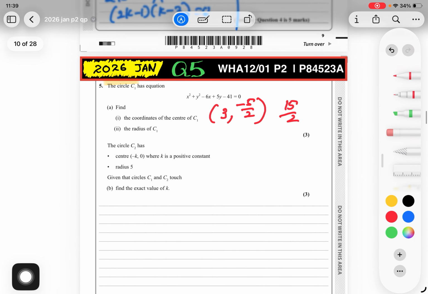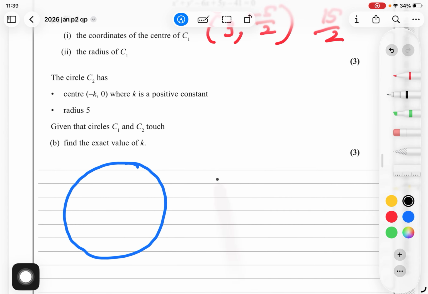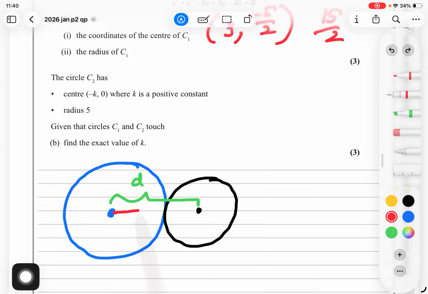Now let's explain this. When two circles touch, if one circle is like this, the second circle can be like this. If we mark the center of this and the center of this, the gap between the two centers, which I mark as D, is the radius R1 for circle 1 plus R2 for circle 2.